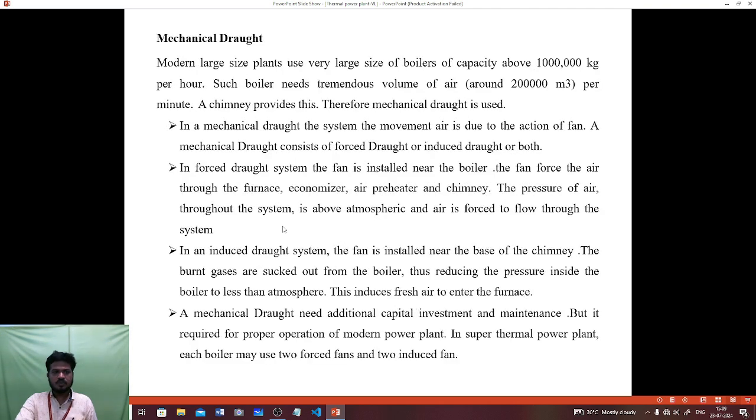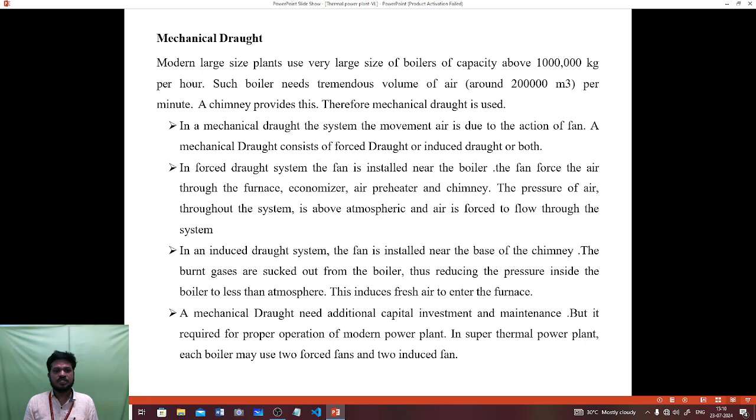And now we are going to see about the mechanical draft. A modern large size plant uses very large size boilers with a capacity of about 10 lakh kg per hour. Such boilers need a air volume of around 2 lakh cubic meters per minute. A chimney cannot provide this, therefore a mechanical draft is used.